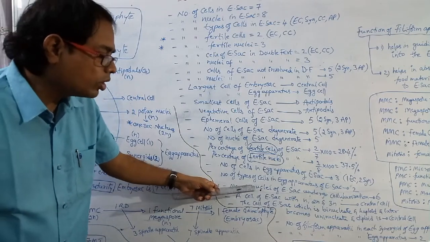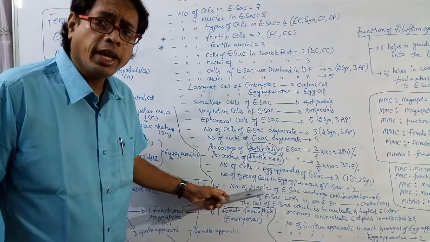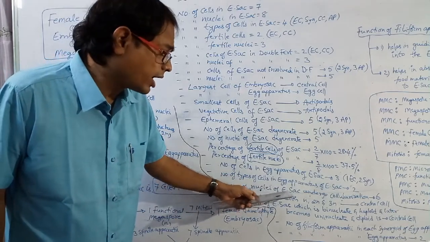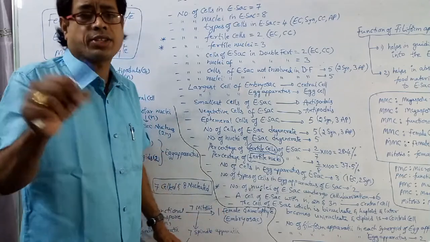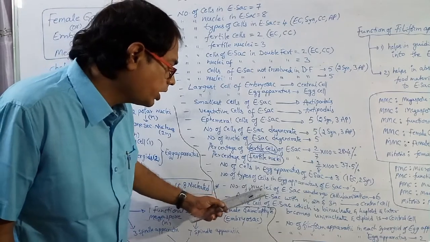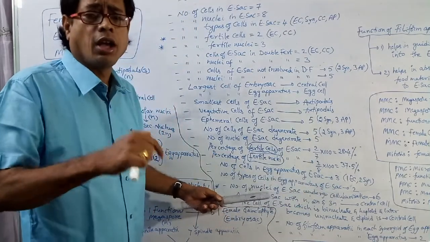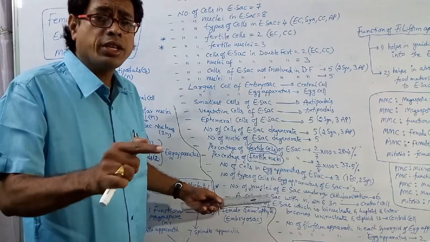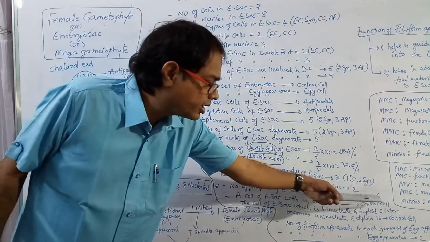Number of nuclei of embryo sac that undergo cellularization: this point you have to remember, 6. Out of 8 nuclei, only 6 nuclei undergo cell wall formation. That's why you have to write 6.